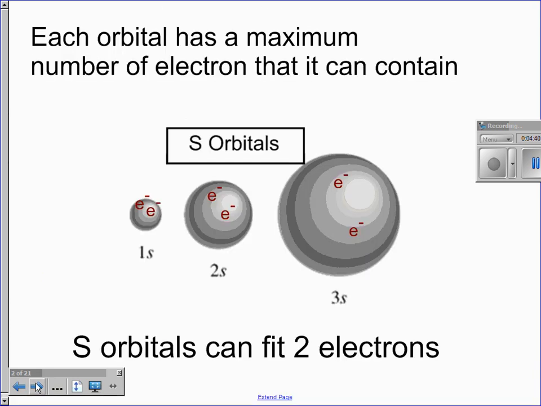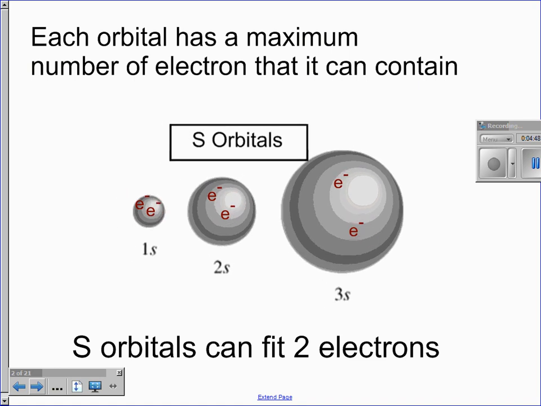Next slide. Each orbital has a maximum number of electrons that can fit in it. So s orbitals can fit 2 total electrons. S orbitals have a shape of circles, and here are the electrons buzzing around in these circles.